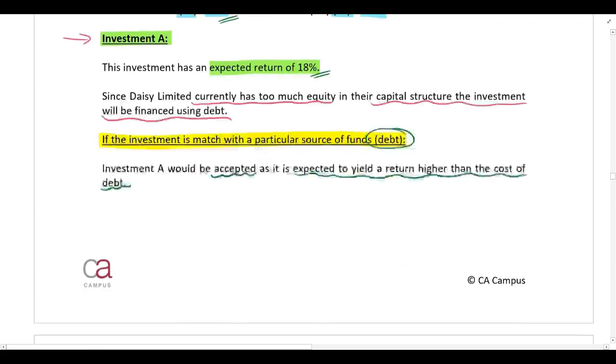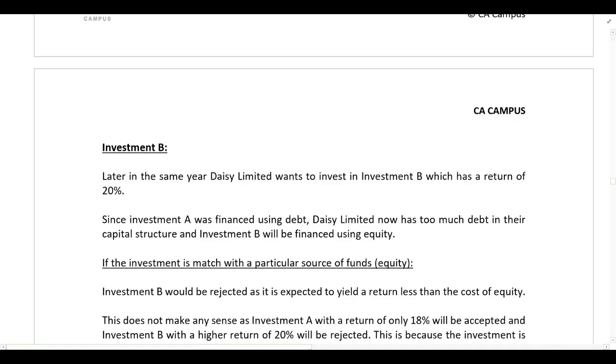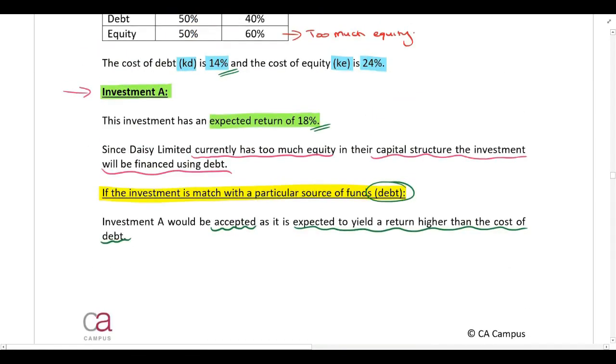Now I want you to assume that later in the same year, Daisy Limited wants to invest in investment B, and investment B has an expected return of 20%. However, since investment A was financed using debt finance, I want you to now assume that the company has too much debt in their capital structure.